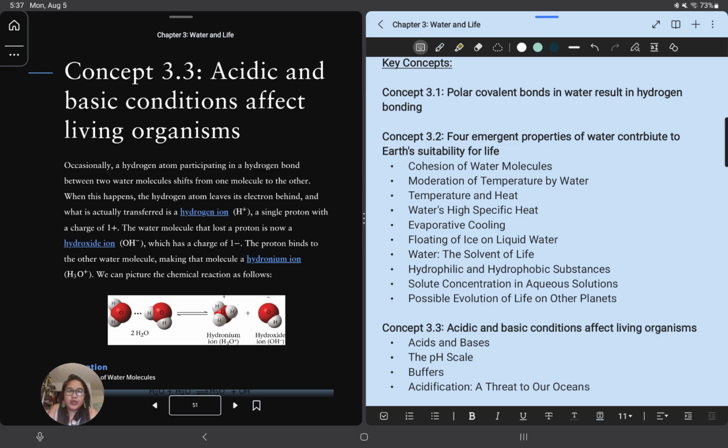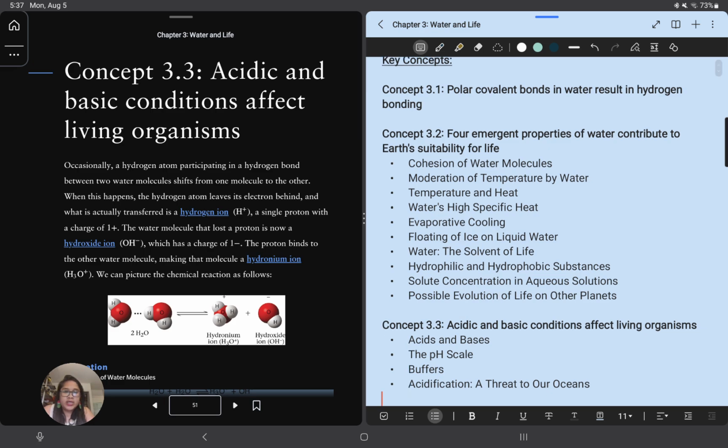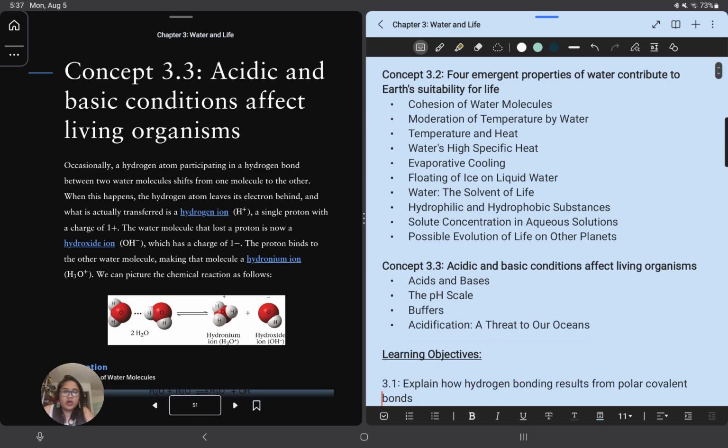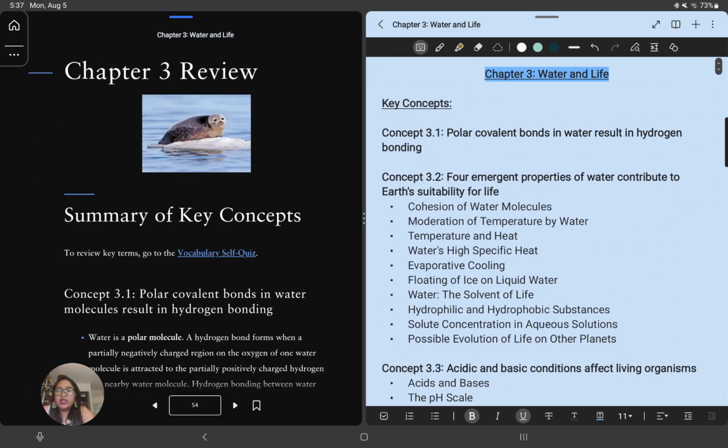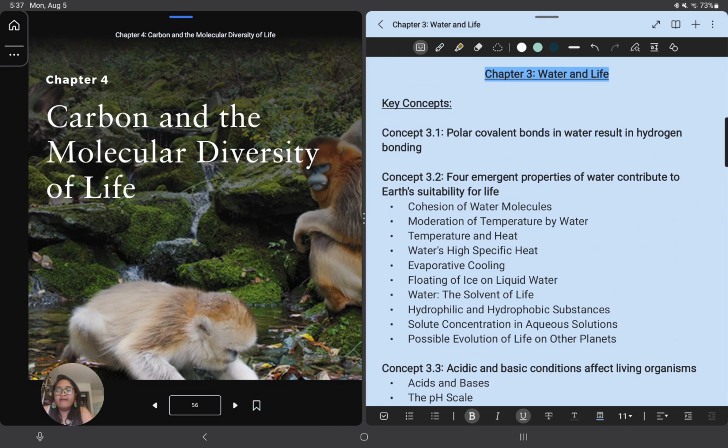Concept 3.2, 4 emergent properties of water contribute to Earth's suitability for life. And Concept 3.3 just now, acidic and basic conditions affect living organisms. Okay, so next video we'll be going over Chapter 4, Carbon and the Molecular Diversity of Life.